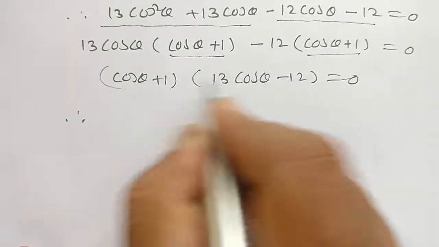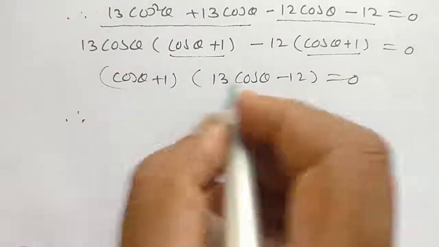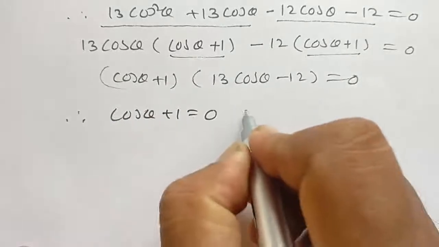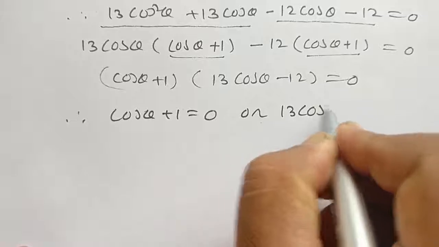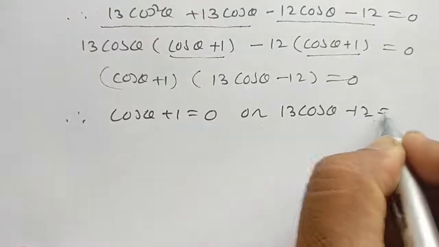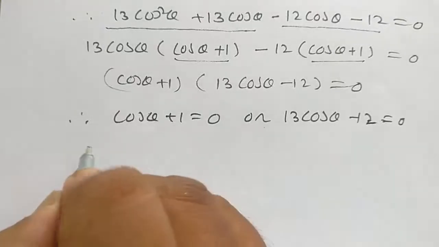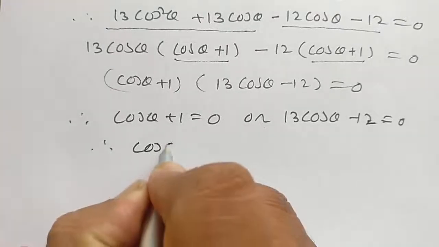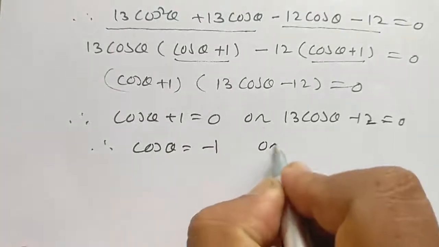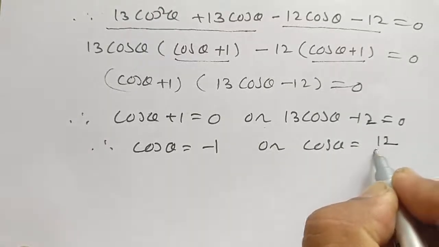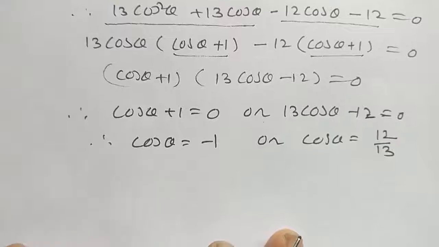Therefore, the product of two numbers is 0, so either one is 0. Cos theta plus 1 is 0 or 13 cos theta minus 12 is equal to 0. Therefore, cos theta is equal to minus 1 or cos theta is equal to 12 upon 13.